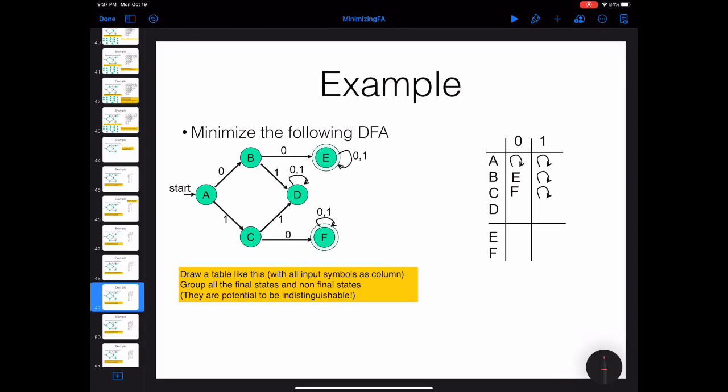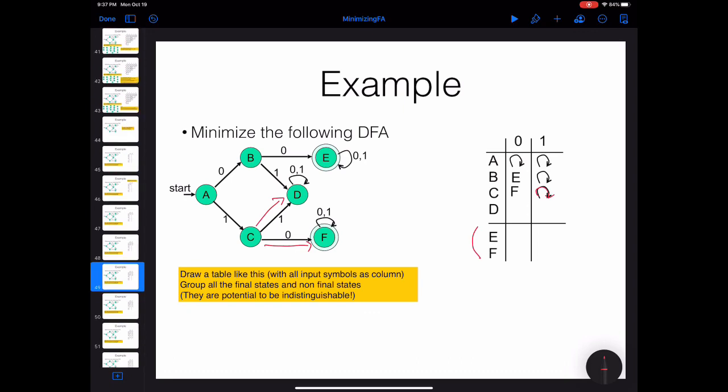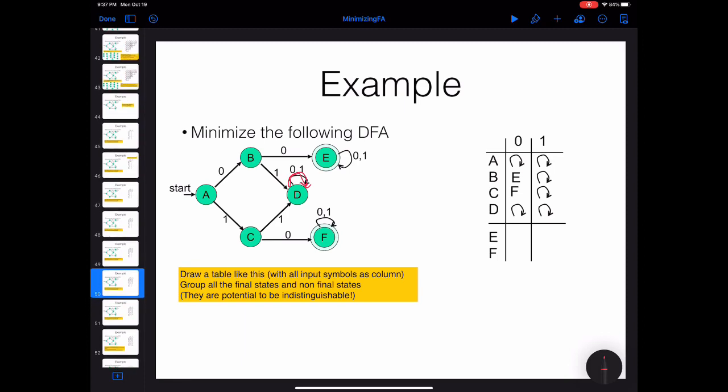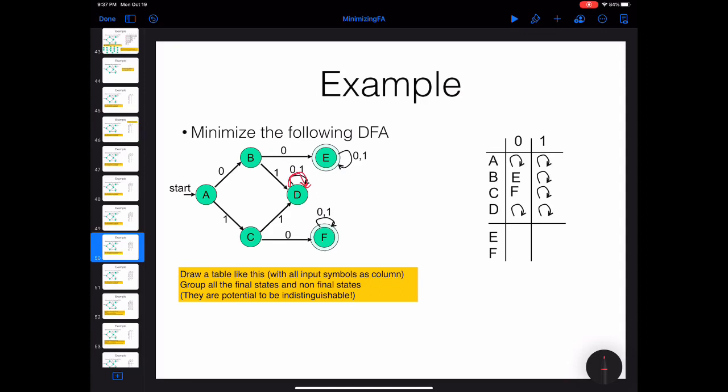Let's look at C. Over 0, I am going to F, which is in a different group, and over 1, I'm going to D, which is in the same group. Let's finish all of the states. For D, if you see a 0, you stay in the same group. If you see a 1, you stay in the same group. So I'm done with the first group.